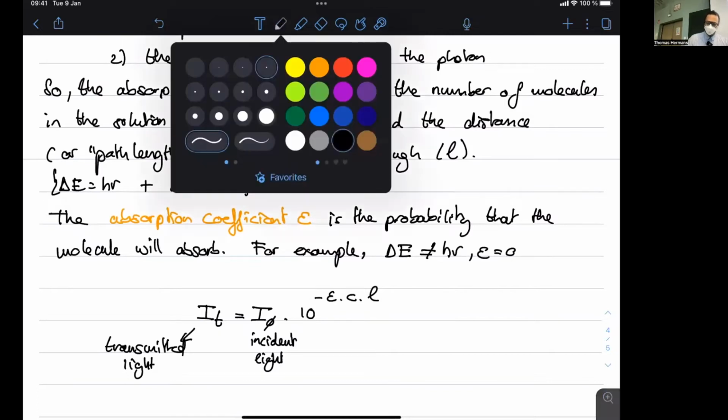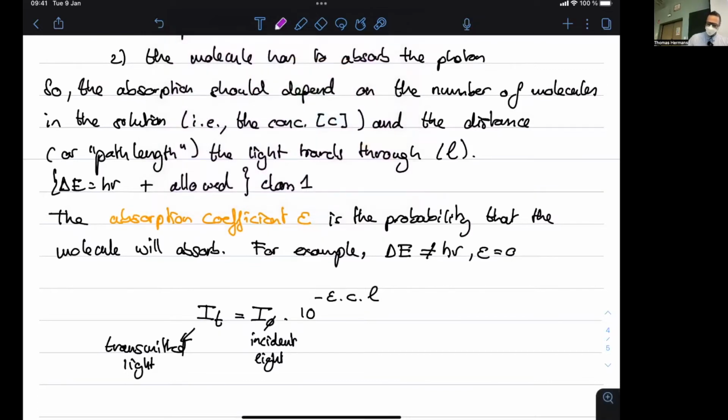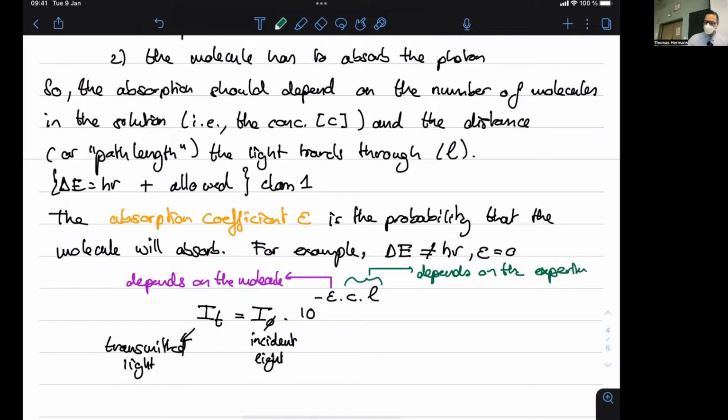So the absorption coefficient depends on the molecule. And the other two depend on the experiment. Right?